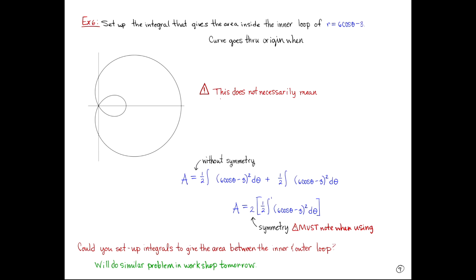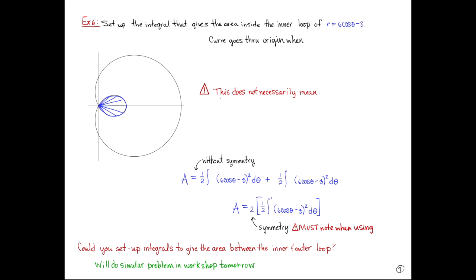In this example, we're looking for the area that lies inside the inner loop of r = 6 cosine theta minus 3. Instead of looking for intersection points between curves, like we did in the last examples, we need to know where this curve goes through the origin.